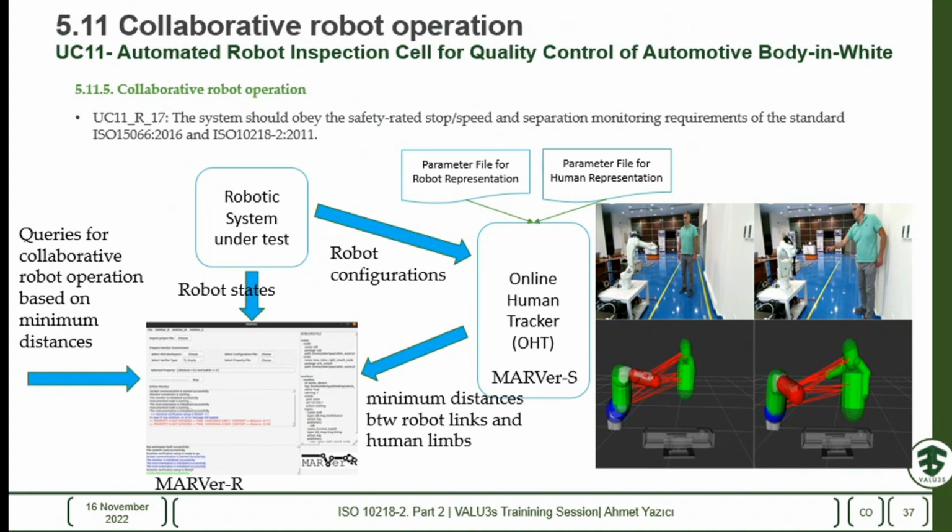Here we use the online human tracker, OHT. That OHT takes the parameter file for the robot and human representation. So during task execution by the robot, the OHT provides the minimum distance between robot limbs and human limbs.